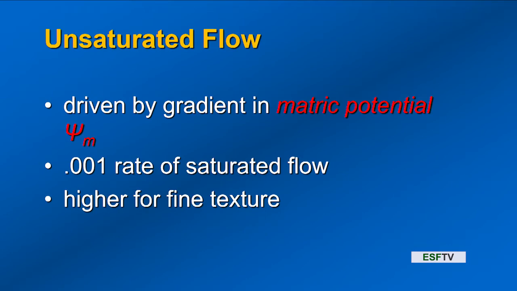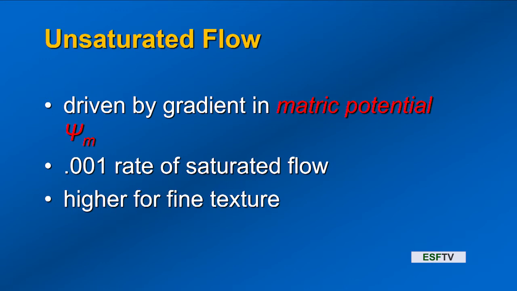So consider how we get a greater gradient in matrix potential. We said that clays have very small pores. They hold water. They have a lot of micropores. So as you increase the clay content, with finer and finer texture, you get a greater gradient, a greater potential for a difference in unsaturated flow.